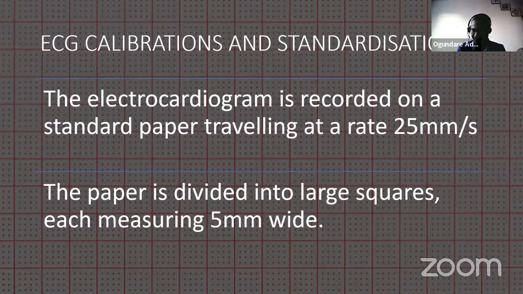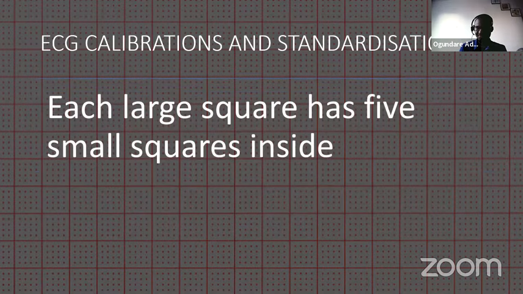The next question I'm going to ask now is, if the standard ECG speed is 25 millimeter in a second, which we've mentioned earlier, how many seconds will it take to travel a small box? It shouldn't be as difficult.